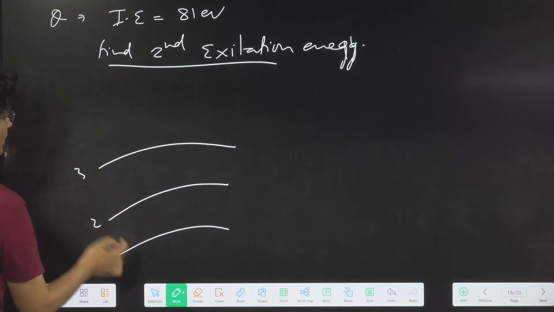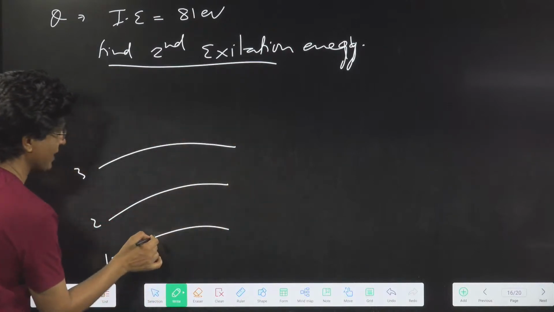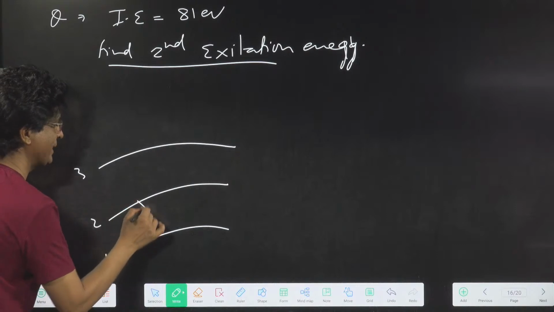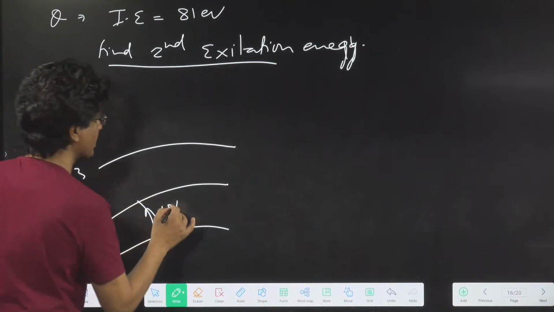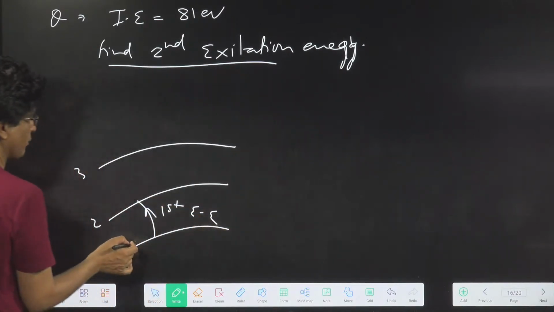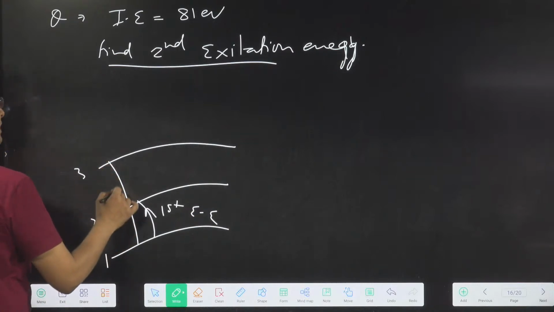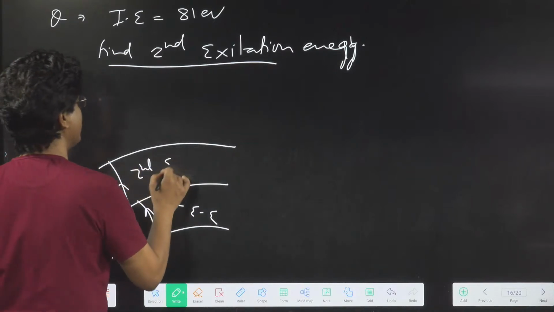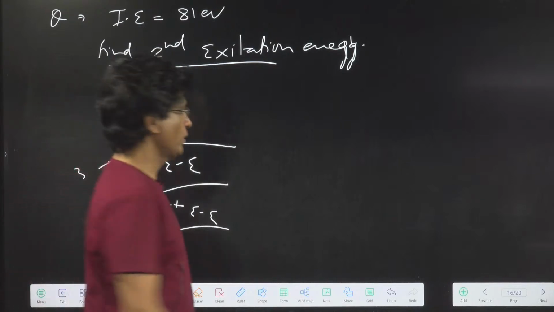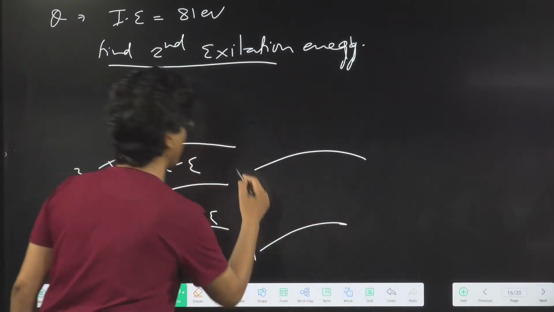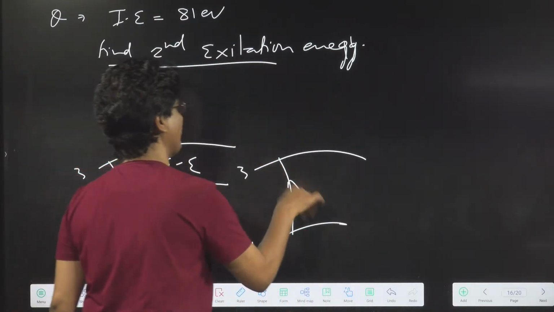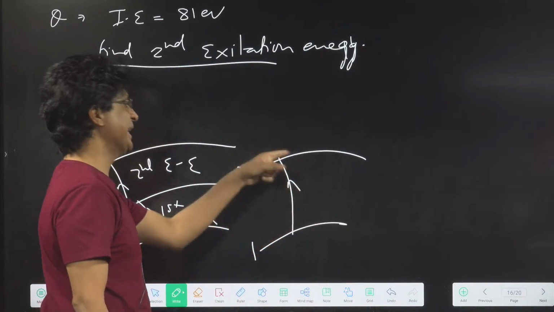First, second, third. The energy required to send an electron from orbit number 1 to orbit number 2 is called first excitation energy. From orbit number 1 to orbit number 3 is called second excitation energy. Yes or no? So if I'm looking at orbit number 1 and orbit number 3, this is the amount of energy which will be called second excitation energy.